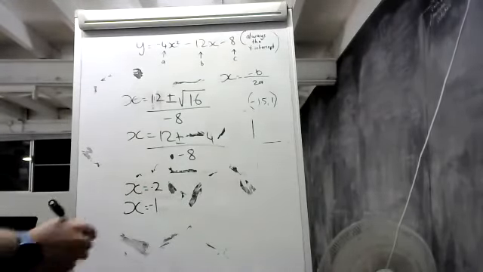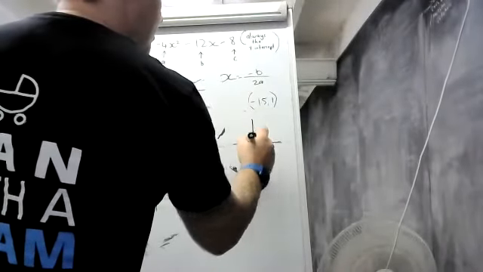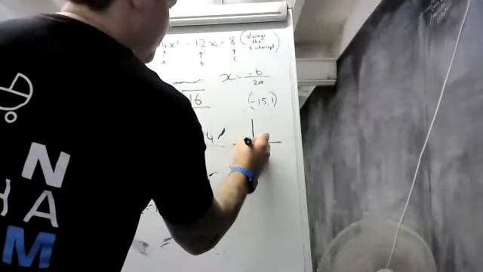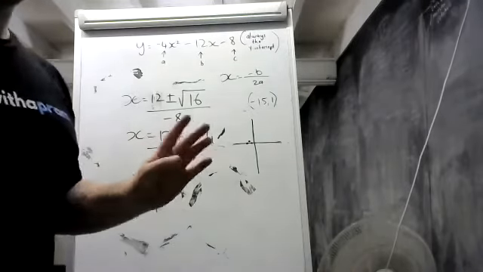So I deleted my sweet graph. So we've got our text there. So now we need to use those to find the y-intercept. To find the y-intercept, we just assume that x equals 0.